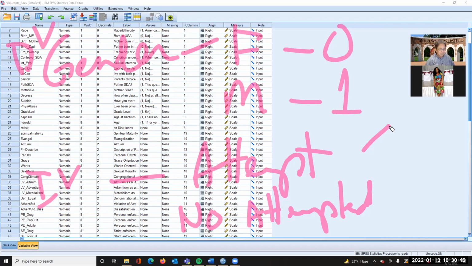You learn this in your beginning stat. How will you determine if there are gender differences in whether or not there is differences in suicide attempts?